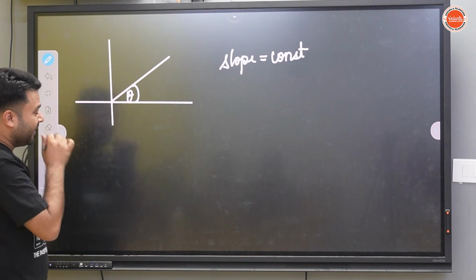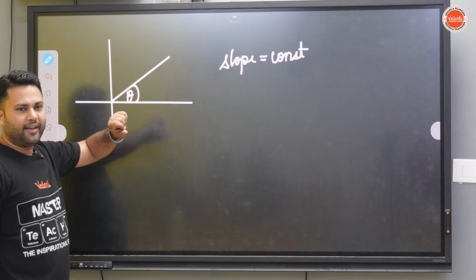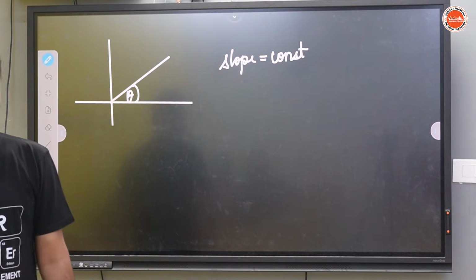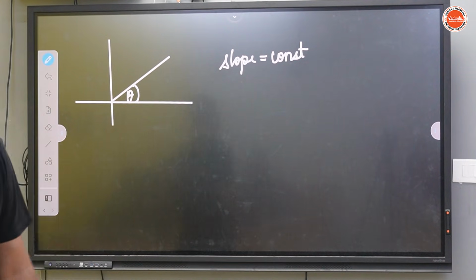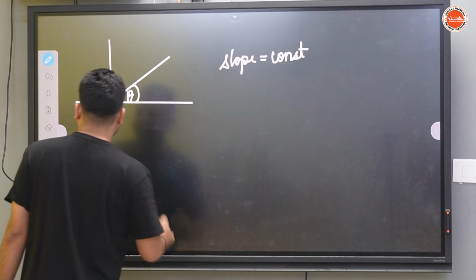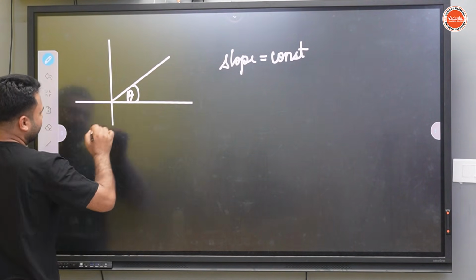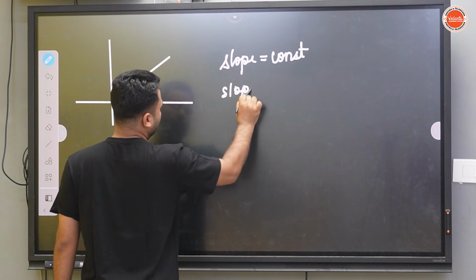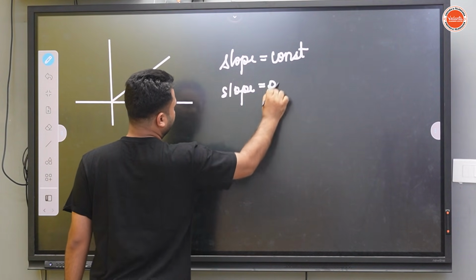Moreover, here slope is constant as well as positive. Always remember that if we have these kinds of lines, slope will be positive also. So I am writing slope is constant as well as positive.